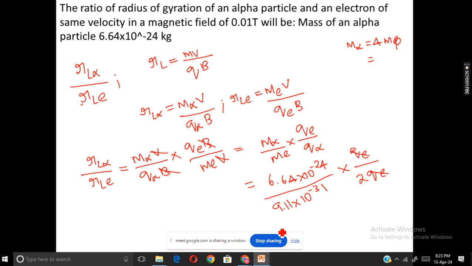So we can simplify it like this. So it will be 6.64 into 10 raised to minus 24 by 2 into 9.11 into 10 raised to minus 31.